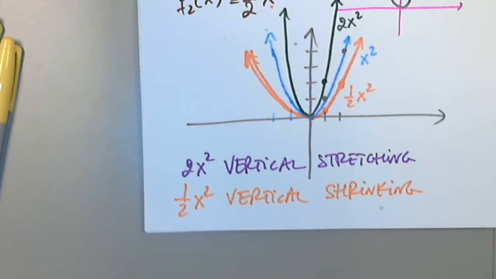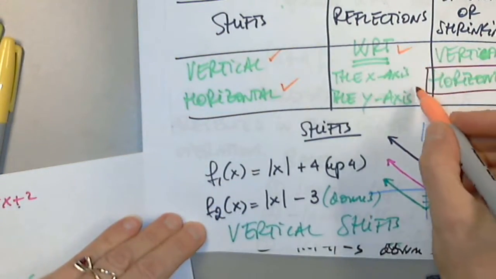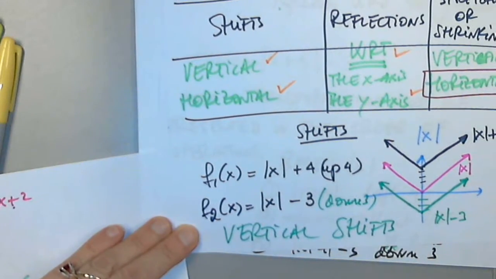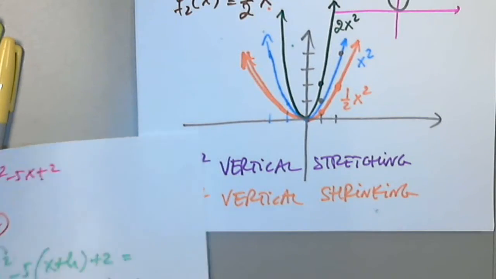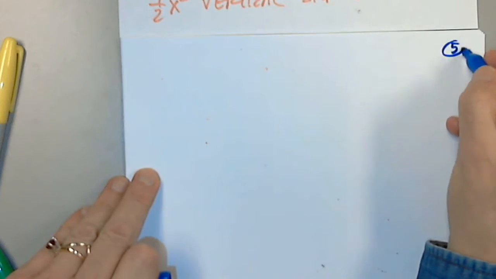So coming back for a second to our list of transformations. We talked about this, and the vertical stretching and shrinking. We're down to the last one. Any questions so far? Okay. Last one, and then we'll look at either a word problem or an application of this.